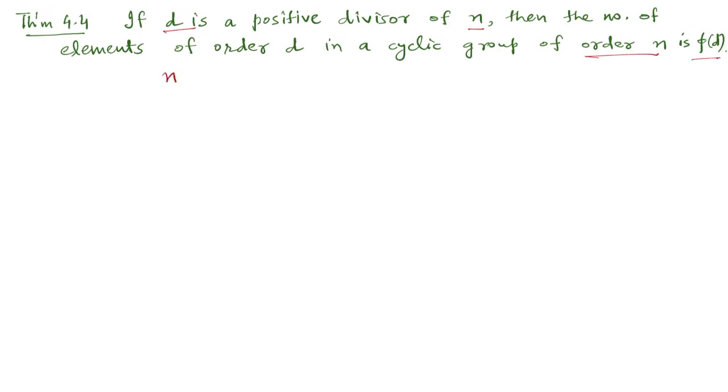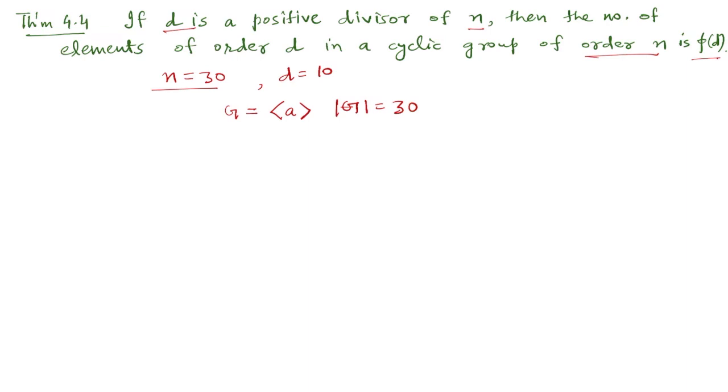So let us take n equal to 30 and D equal to 10. So we have a cyclic group G of order 30, and D we are taking 10.